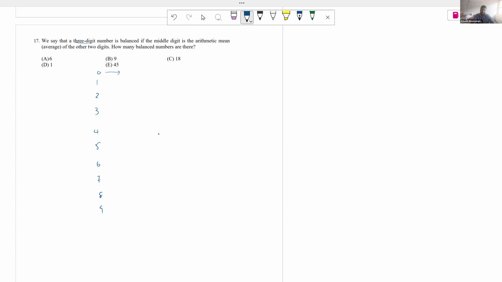Let's say this one right here, 1. If the middle number is 1, and you have, let's say, A and B on the sides, then A plus B over 2 should be 1. So A plus B should be an even number.